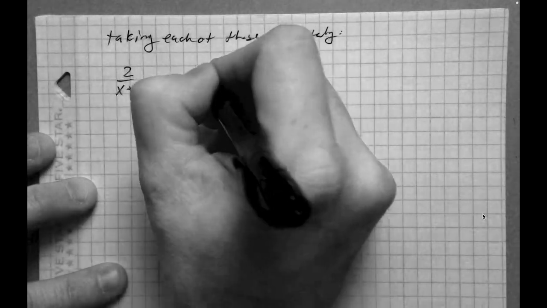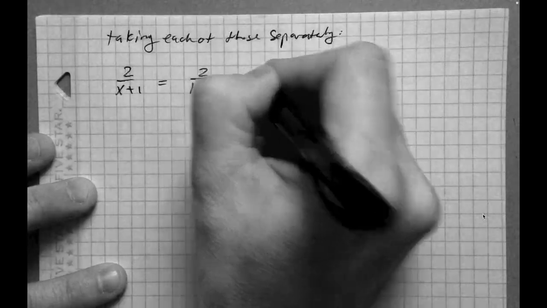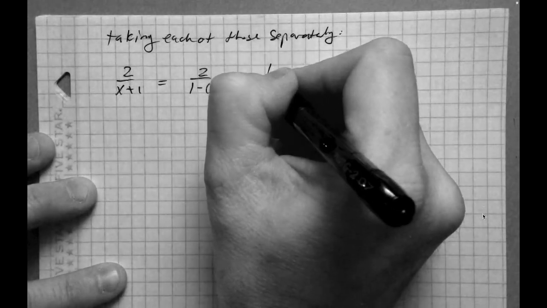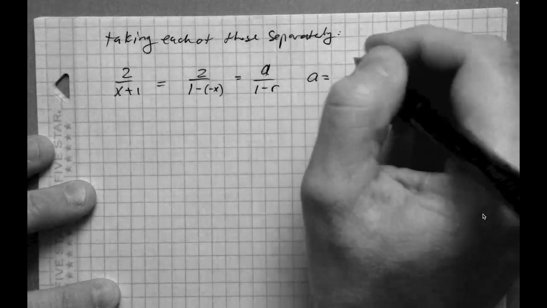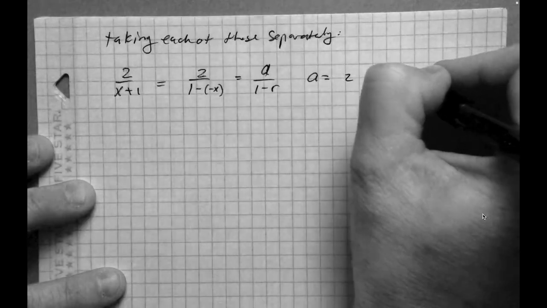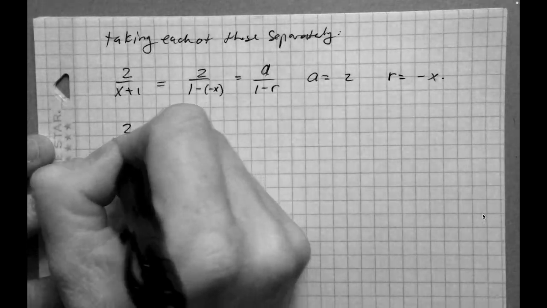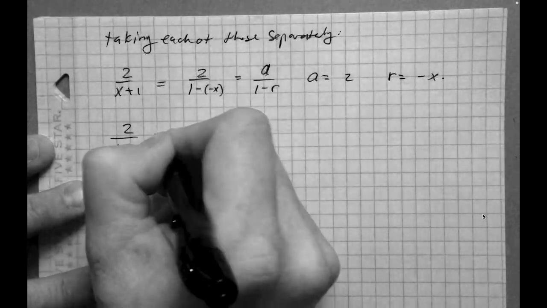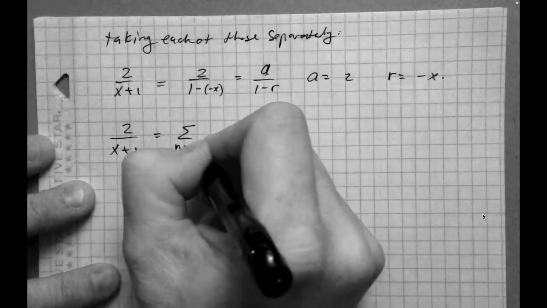Well, this would be equal to 2 over 1 minus negative x. And so that's going to be my a over 1 minus r. So a is equal to 2. r is equal to negative x. And so the series here, 2 over x plus 1 would be equal to the sum from n equals 0 to infinity.